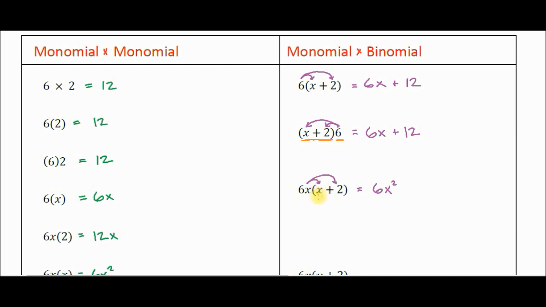The coefficient is 1. 6 times 1 just gives us 6. And x times x is x squared. And then we have 6x times 2. In this case, we have a 6 and a 2. Those are like terms. 6 times 2 is 12. And the x variable doesn't have anything to be multiplied with, and so it just remains x.